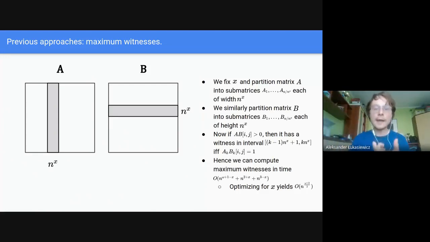And then we can brute force over this interval and just check one by one if we had a match.